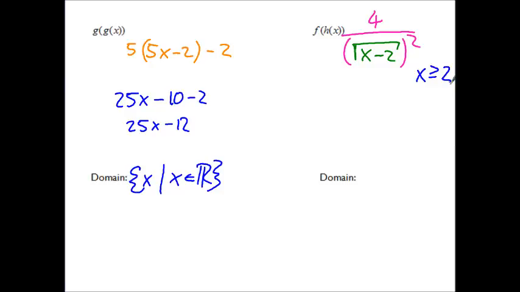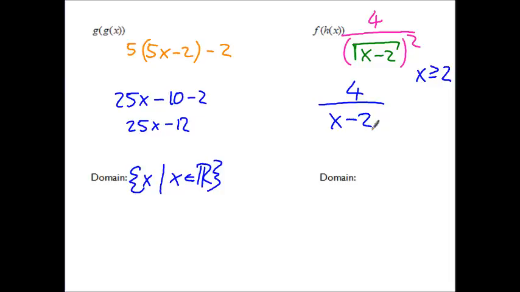And now we're going to go on and simplify our function. We only can simplify in the denominator. The square of a square root, the two functions are inverse functions, cancel each other out. We got 4 over x minus 2. Now we still have a denominator that is not allowed to turn to 0. And how would it turn to 0 now?